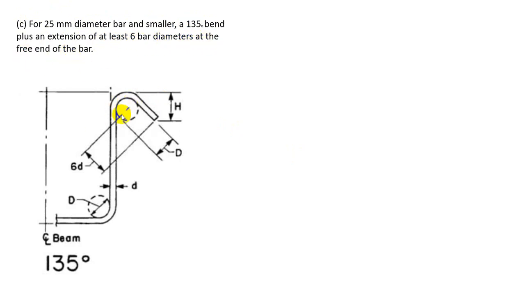Suppose we are using a bar diameter of 25 millimeter or smaller, then we have to provide the 135-degree bend. Suppose this is our rod and we are going to bend it this way, then from here we have to start to calculate, right?